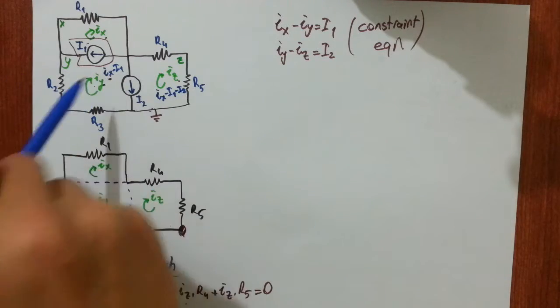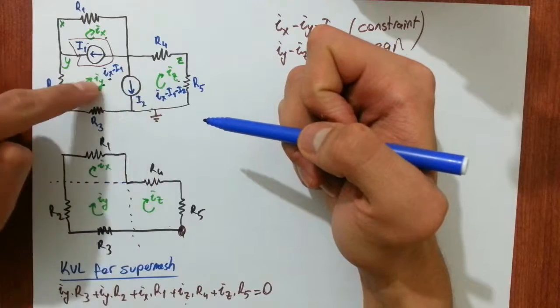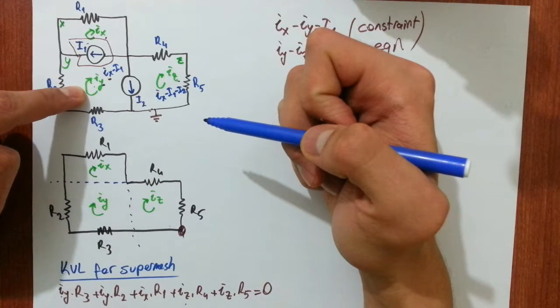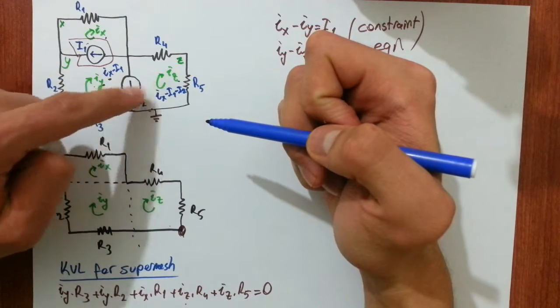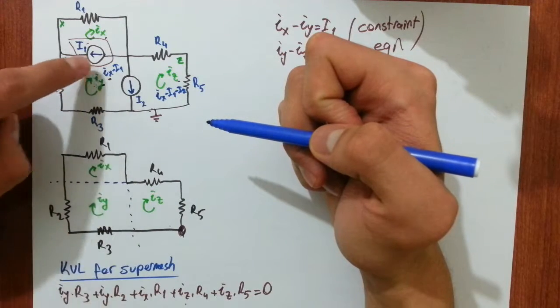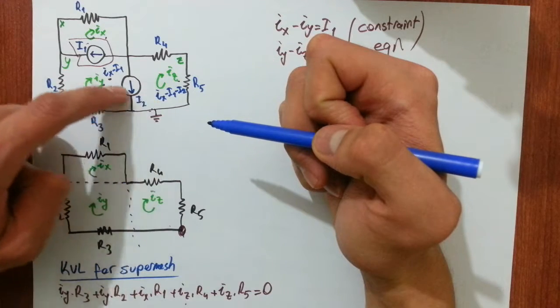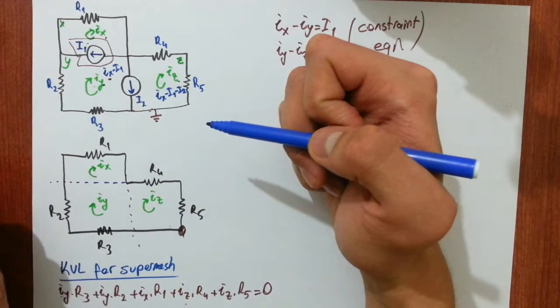This way we are avoiding writing two unknown mesh currents. So we have only one unknown when we write the mesh currents in this way.